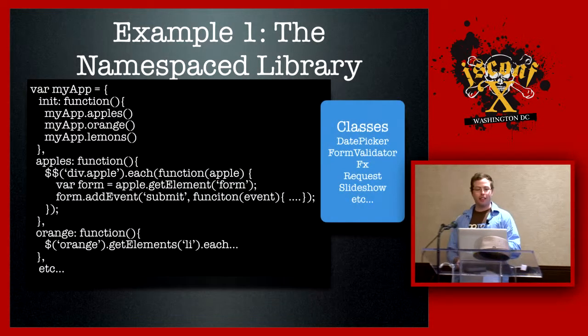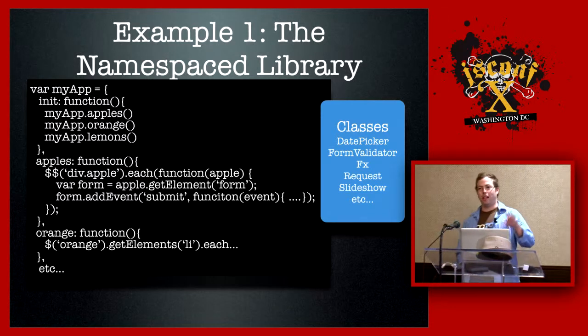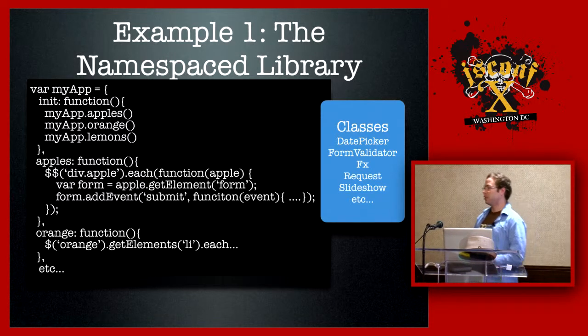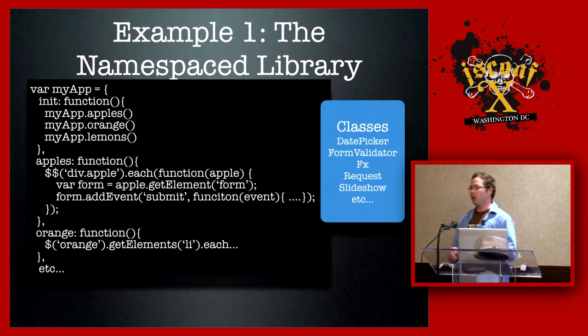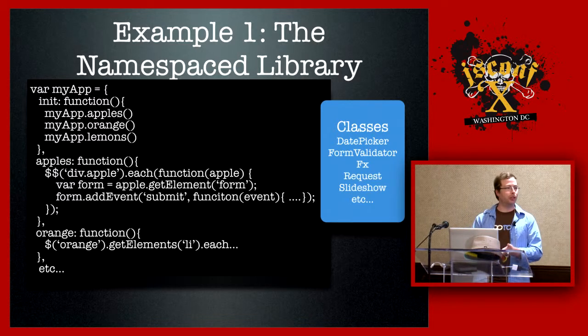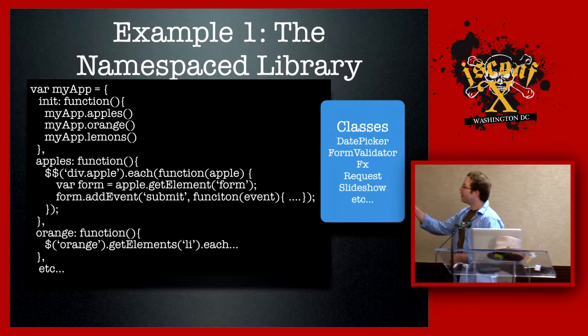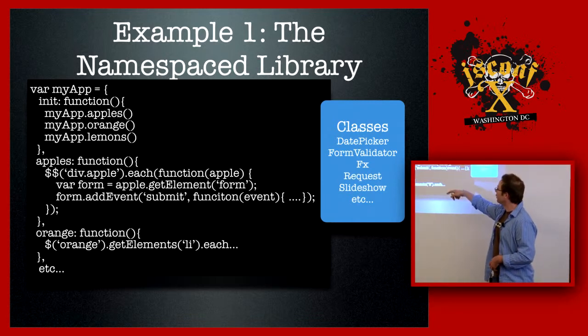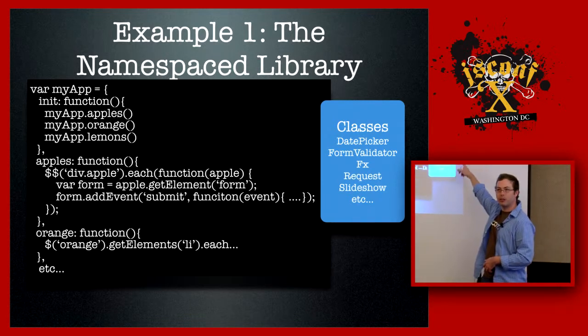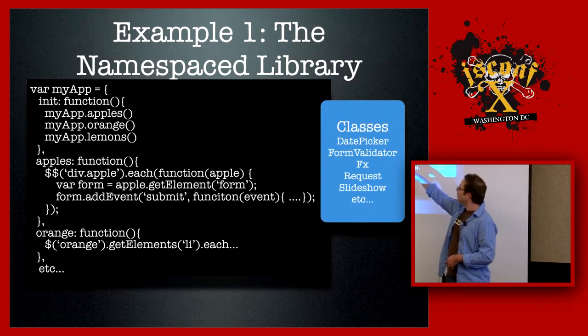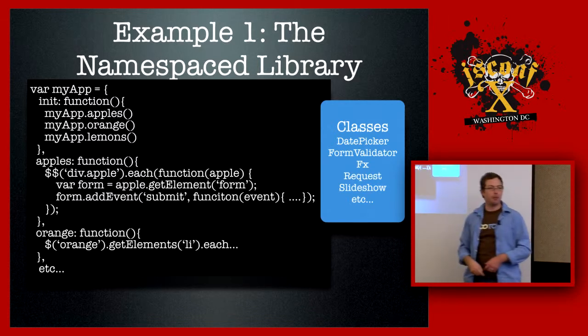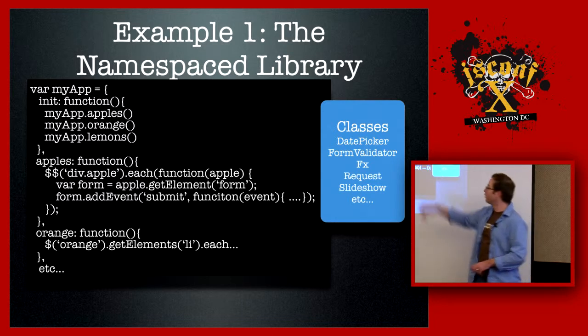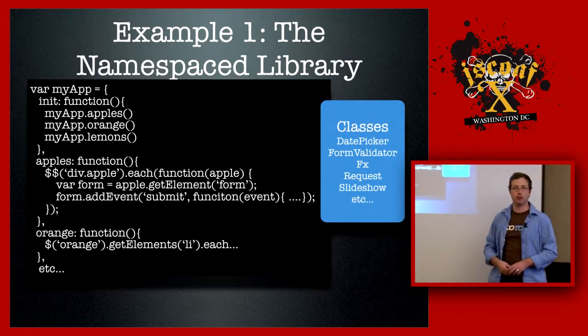And then I had this namespace that was just this hodgepodge of all these functions that I considered to be completely esoteric, and only my app could ever use this stuff. My application had this concept of apples and oranges that had nothing to do with these kind of reusable things, and then I had an initialize function that I would put in my DOM ready statement, that would go make apples, go make oranges, go make lemons, whatever.